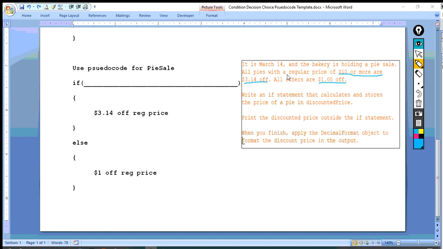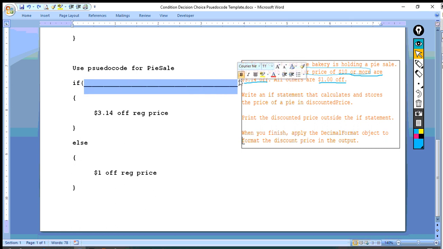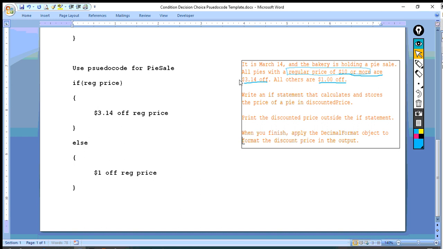It says all pies with a regular price of $10 or more are going to be $3.14 off. And so this is then what we would do. We would go if regular price is $10 or more.